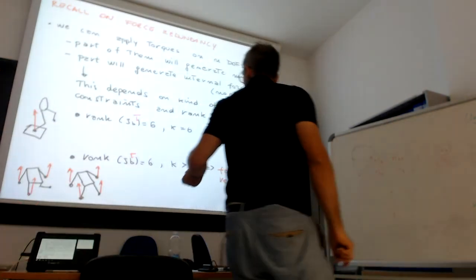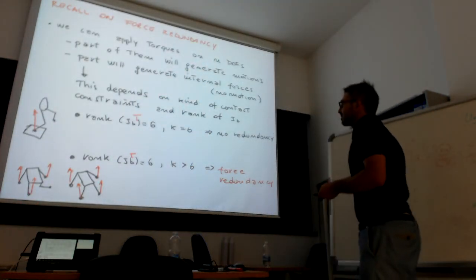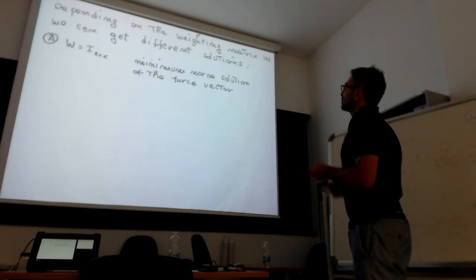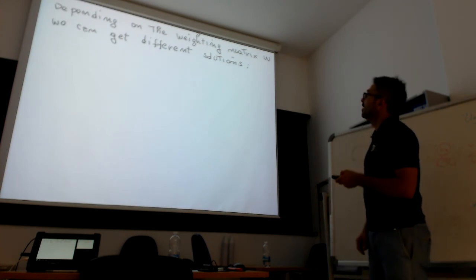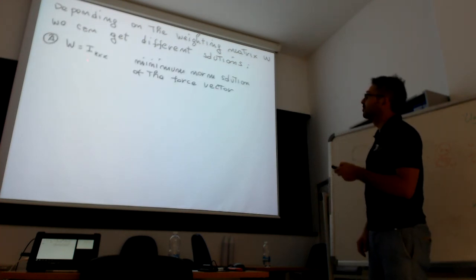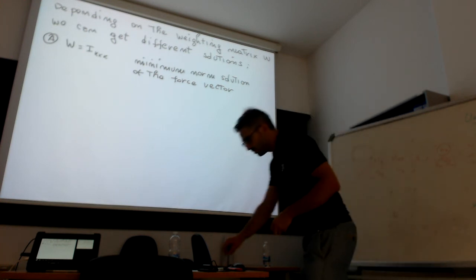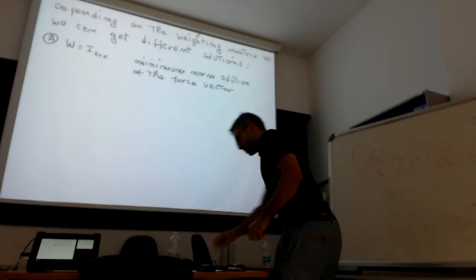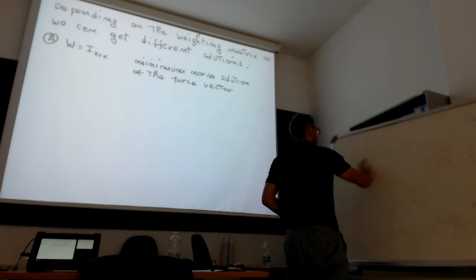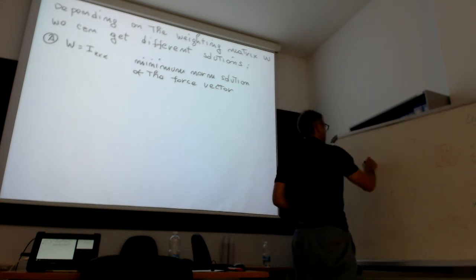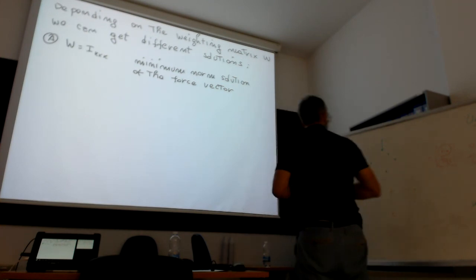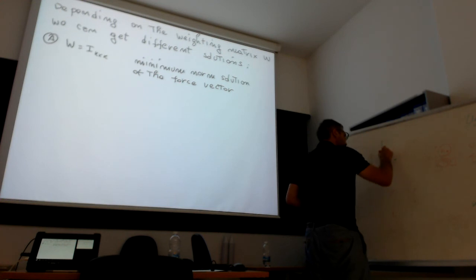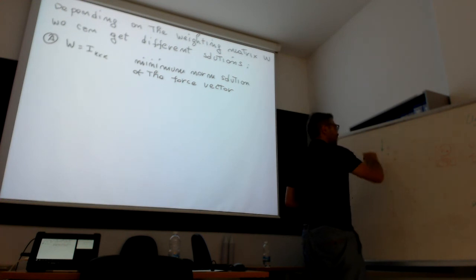In this case, for example, this is the case of a robot with four legs on the ground. You can use these internal forces to have different solutions. And in the case of W identity, we get the minimum norm solution, because this is the minimum norm solution of the force vector.